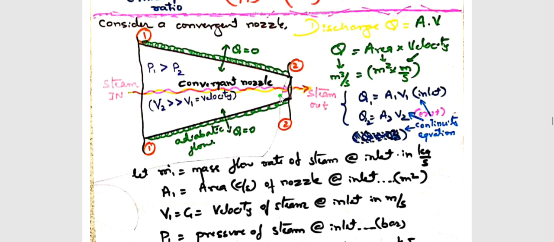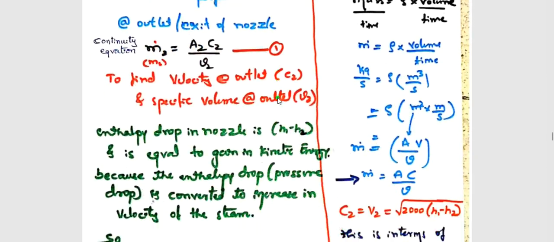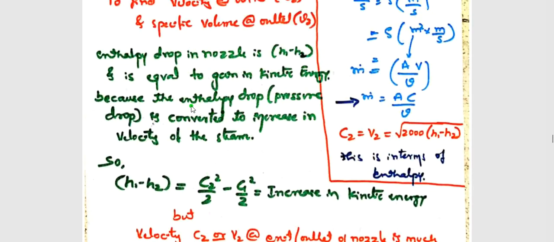Decreasing the pressure is nothing but decreasing the enthalpy of the steam. So by decreasing the enthalpy, the kinetic energy of the steam increases. So that energy equation I have written here: enthalpy drop in nozzle h1 minus h2 is equal to gain in kinetic energy, because the enthalpy drop or pressure drop is converted into increase in velocity of the steam.